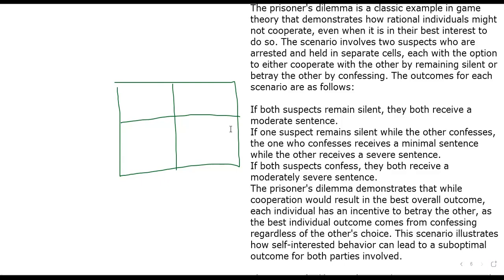So this comes about with trust, communication, and establishment of credible cooperation. So game theory is a real concept in business that requires us to have critical analysis.